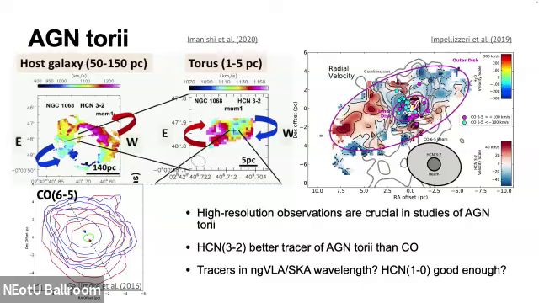But even with higher angular resolution, in the same transition, they saw a counter-rotating structure within that. So that shows the benefit of higher angular resolution. I also note that CO 6-5 may have more contamination from outflows, so HCN must be a good tracer for the torus structure around AGNs.